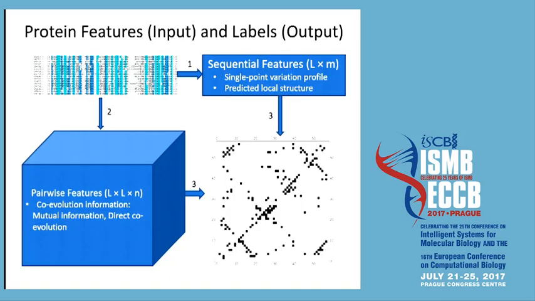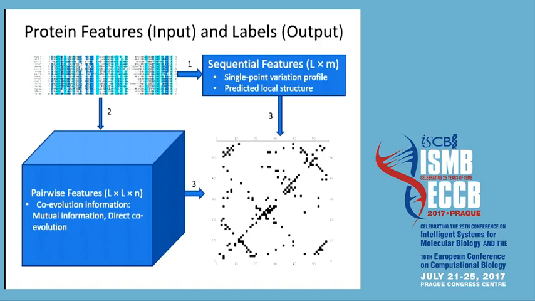Now I'm going to introduce some details about our deep learning algorithm. It starts from the multiple sequence alignment. From the multiple sequence alignment, we derive 2 types of features. One is sequential features, such as the sequence profile and the predicted local structure.